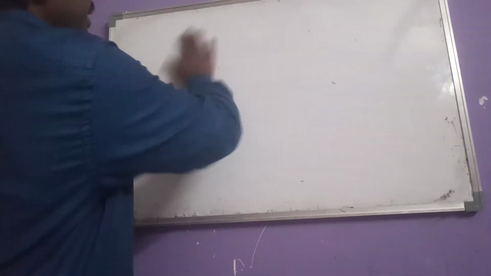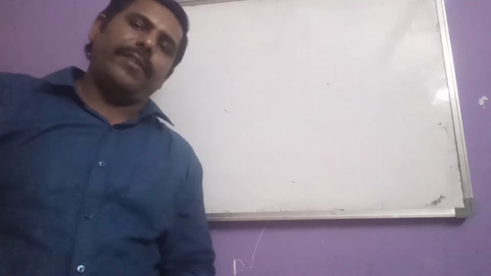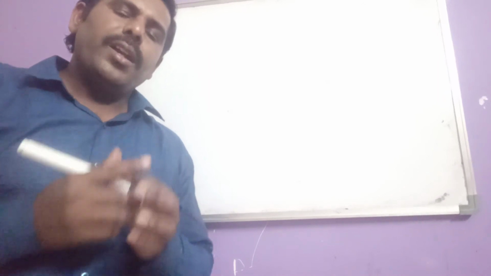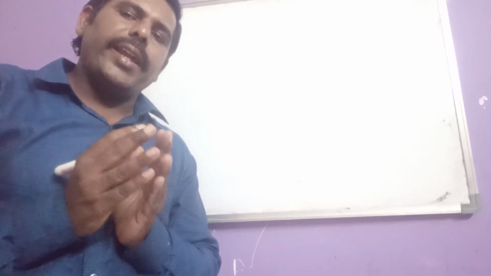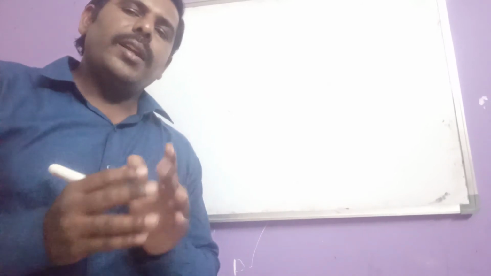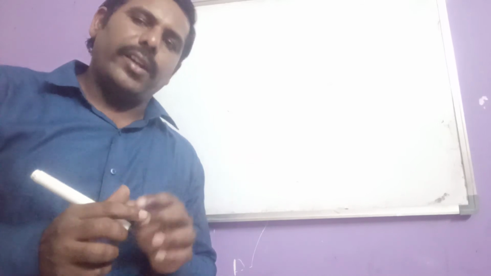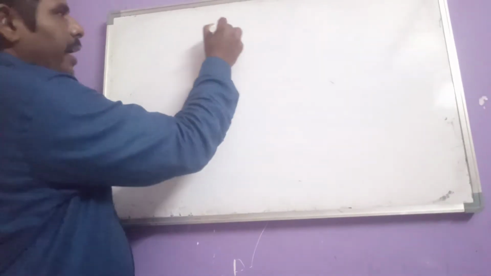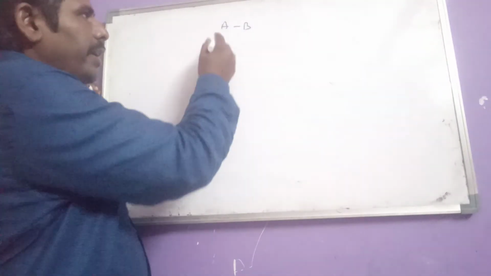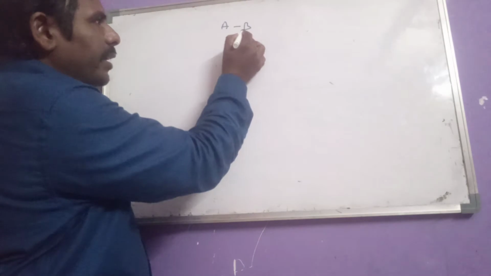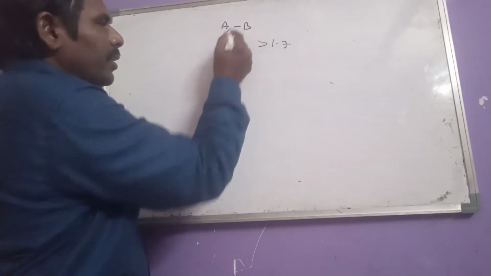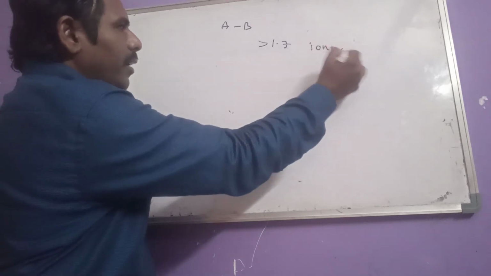Now let us see applications of electronegativity. One can estimate the nature of the bond present between two different atoms using the electronegativity difference. If A and B form a heteroatomic molecule, and the electronegativity difference between A and B is greater than 1.7, the nature of the bond is ionic.